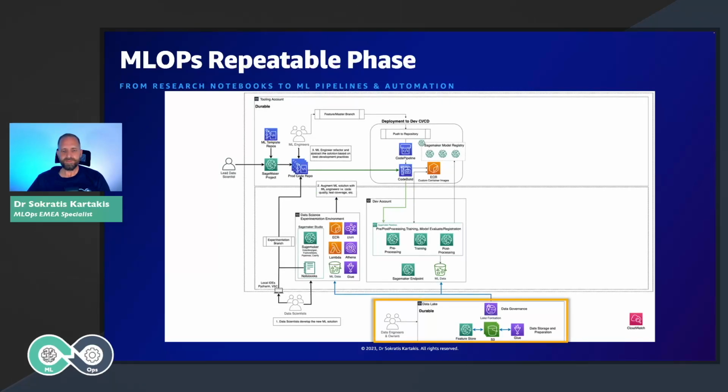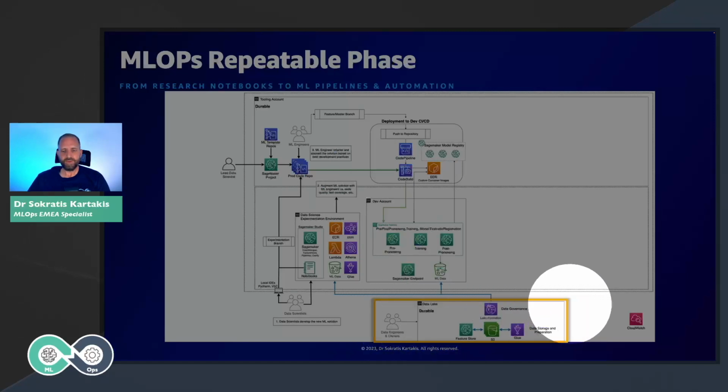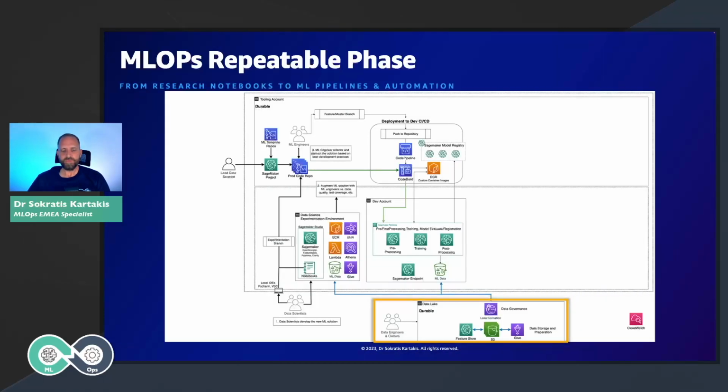In the lower part of this diagram, what we have is the world of data engineers. Most of the times, the data engineers need to have a centralized place to store all the different data from on-premise or other data sources that they call data lake. This data lake has its own account.